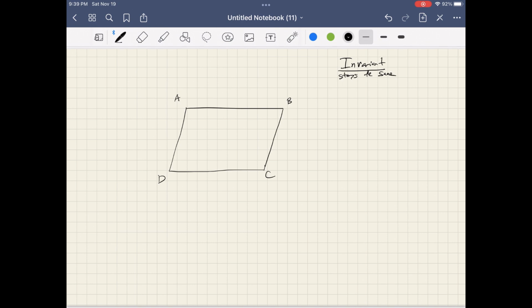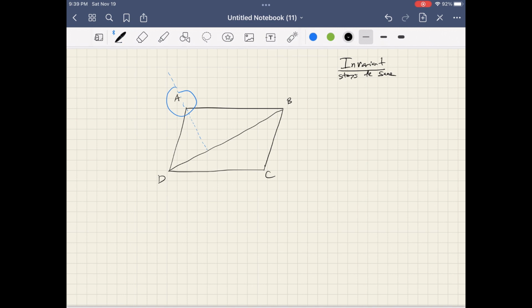So here, let's say we're moving vertex A, for instance, and ABCD is the parallelogram that we're dealing with. So in a turn, we're allowed to move A perpendicular to the diagonal BD.